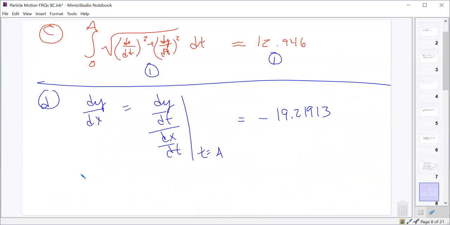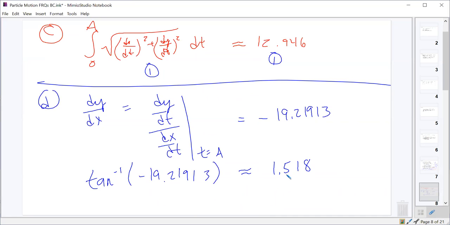And so the inverse tangent of negative 19.21913 tells us, let's see, what did that come out to be? 1.518 radians.